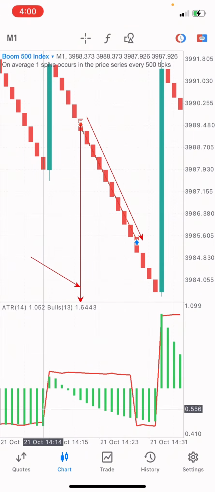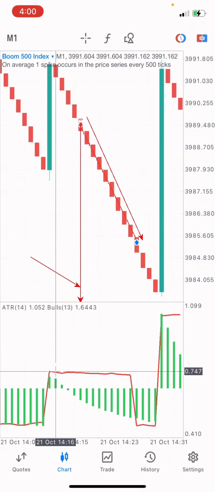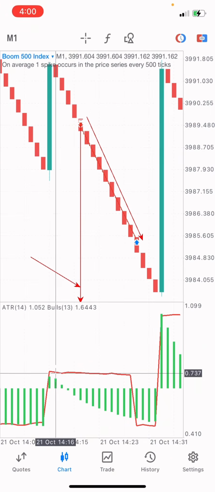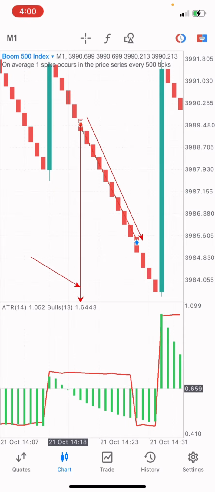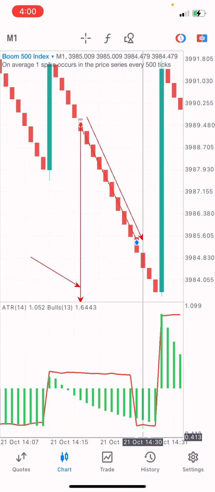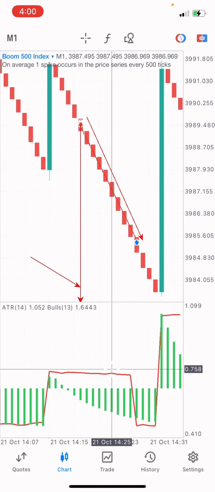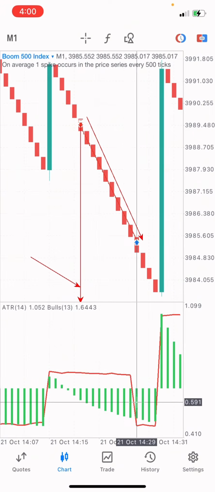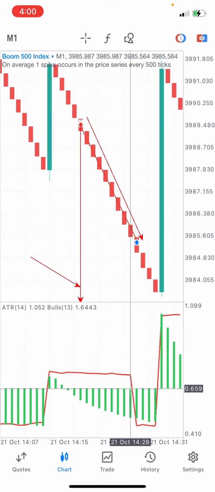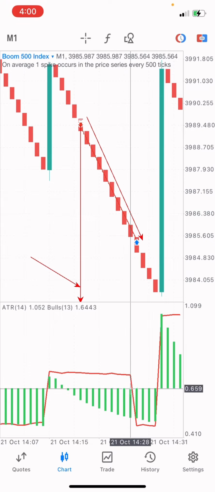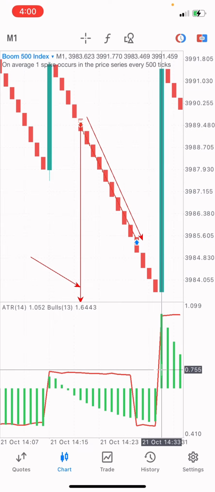Now you can clearly see right here that there's a straight line before it starts creating another straight-line trend of the average true range. Then it immediately starts creating a downtrend. When the trend curves down, and the bull's power crosses or touches the average true range, you immediately exit the market to avoid a spike, because after that it's going to create a U shape before a spike, and after the U shape an uptrend starts.